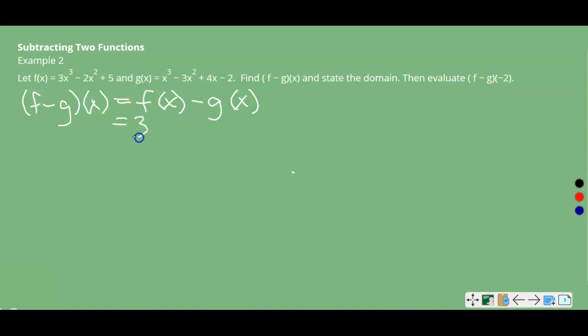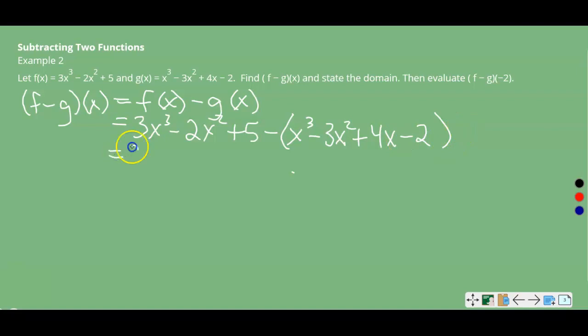So we're going to have 3x cubed minus 2x squared plus 5 minus, and we put g of x in parentheses to make sure we subtract each term correctly: x cubed minus 3x squared plus 4x minus 2, all in parentheses.